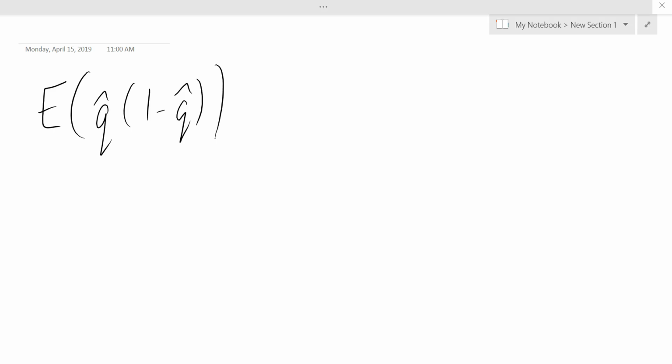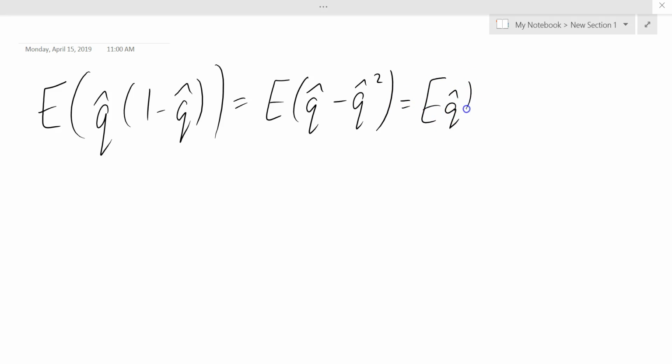I'm just going to multiply it through. So you have Q hat minus Q hat squared. So I can split up the expected value over the difference. And I already know what this is, what I'm underlining here.